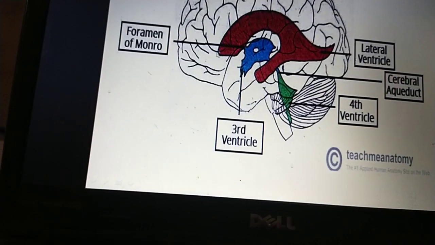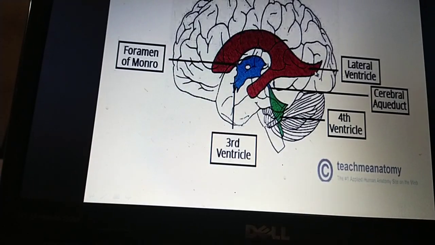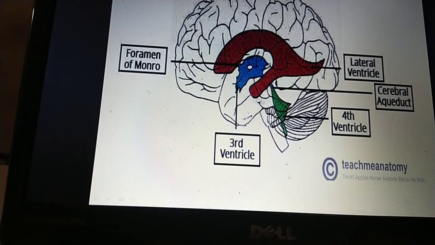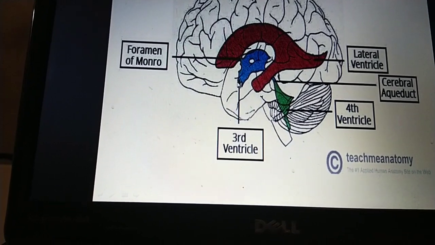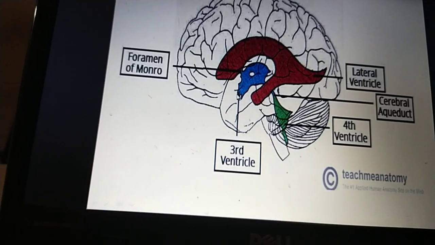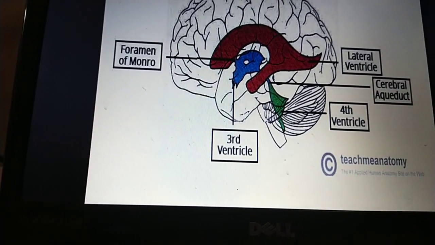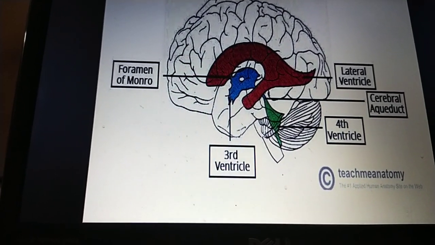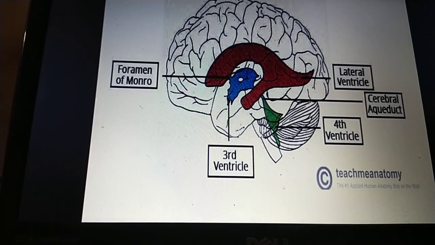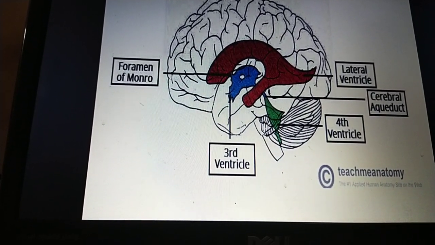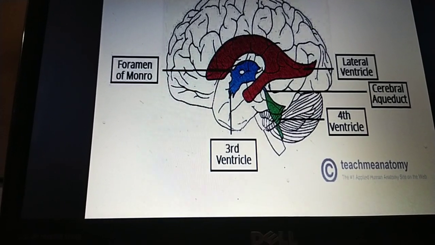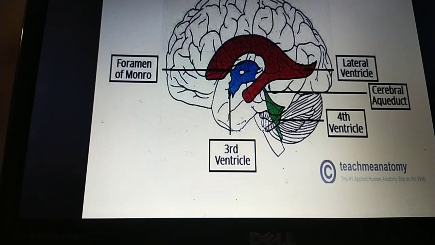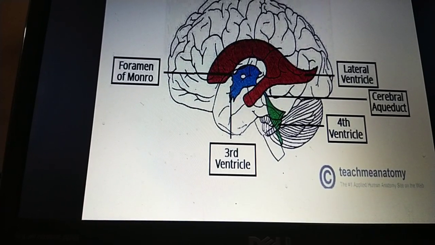This is the anterior horn, this is the body, this is the posterior horn, and this is the inferior horn. That is how the lateral ventricle is organized. The ventricles are the communicating network of cavities filled with cerebrospinal fluid, located within the brain parenchyma.